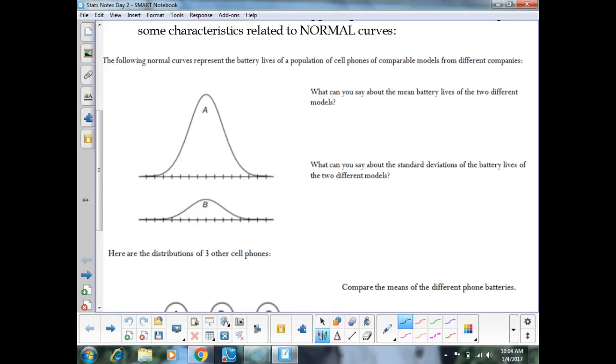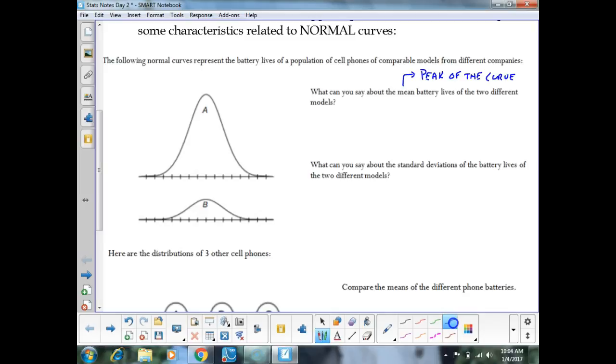Well, the mean in a normal curve is at the peak of the curve. In the earlier class, they were saying that it's at the middle. It's not in the middle.